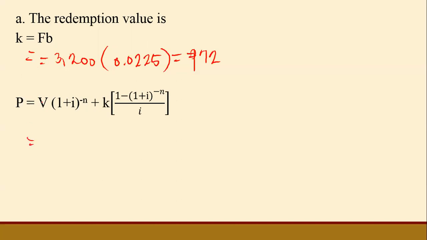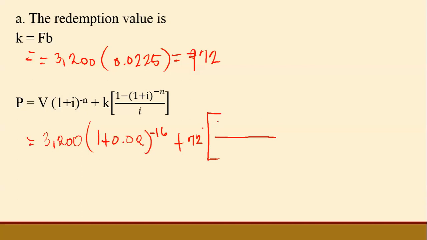Okay? So what is our V again? That is the redemption value of a bond, which is equal to 3,200 times 1 plus 0.02 raised to negative 16, plus 72, our K, times 1 minus 1 plus 0.02 raised to negative 16 over 0.02.